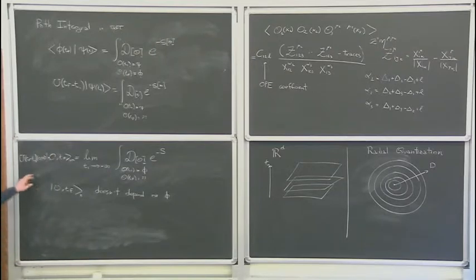And you can insert a complete set of energy states here, sum over n, En. And then you will see that the evolution operator acting on the eigenstate En simply gives you a term of the form e to the minus En.